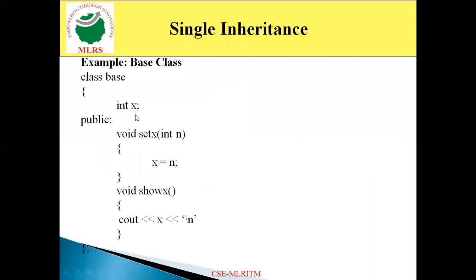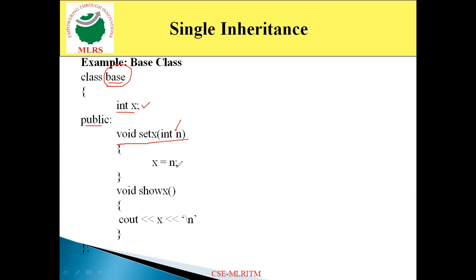Now we look at this single inheritance example program. Here we define the base class. The name of the class is base. In the private section, we declare one data member, int x, and in the public section we define a member function setx with parameter n.